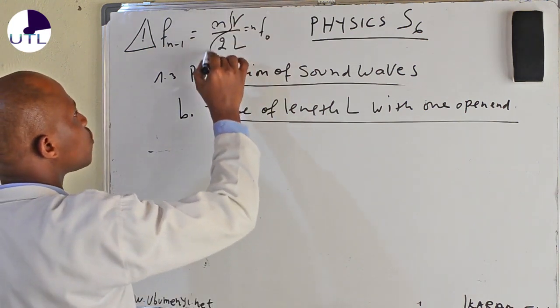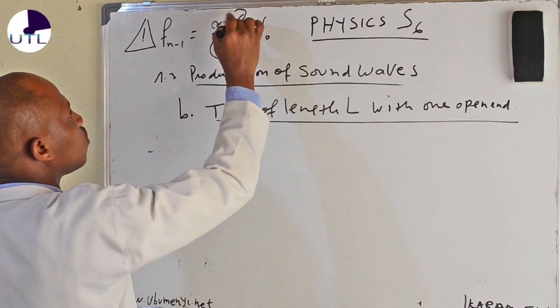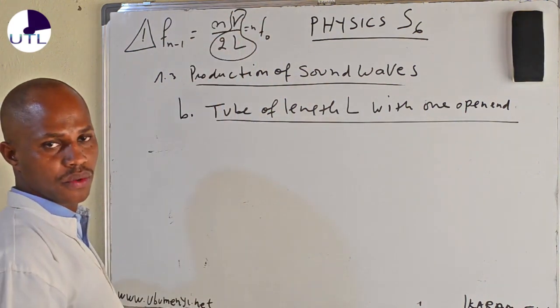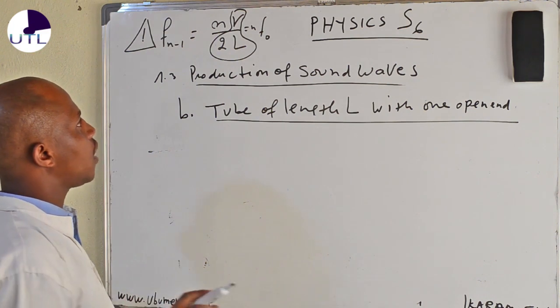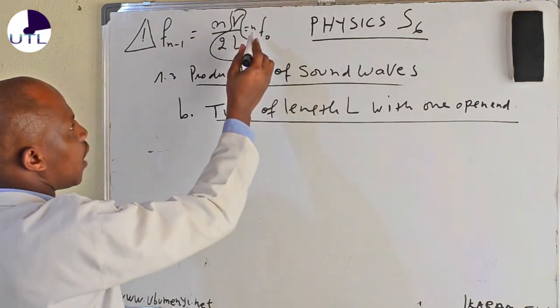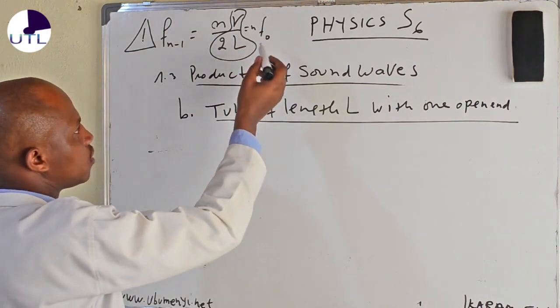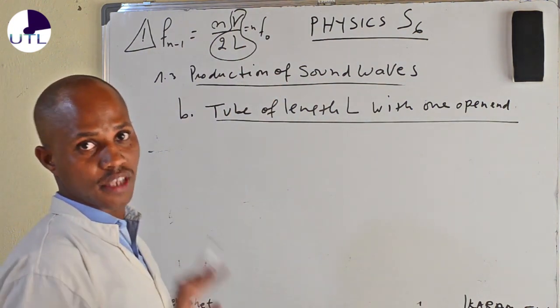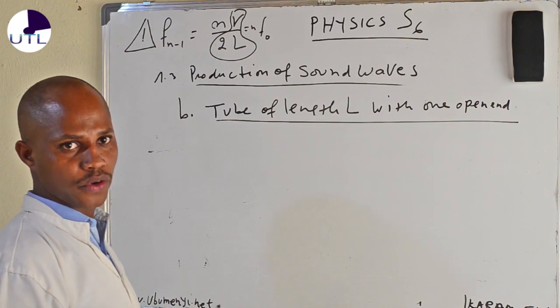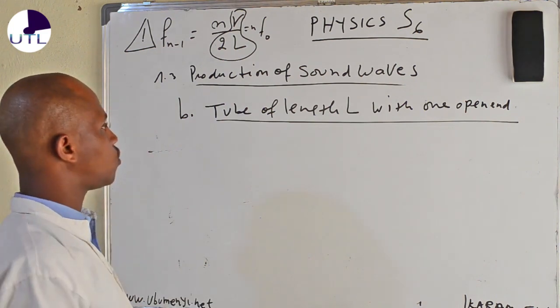V over 2L is what we call the fundamental frequency of that case. If you have N as the number of overtones times the fundamental, that is the general formula. It's a matter of knowing the fundamental frequency and the number of overtones.